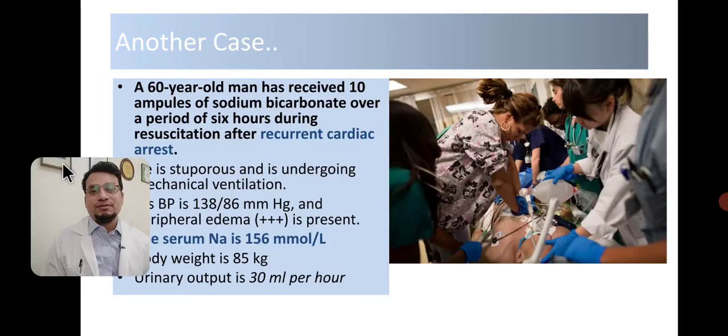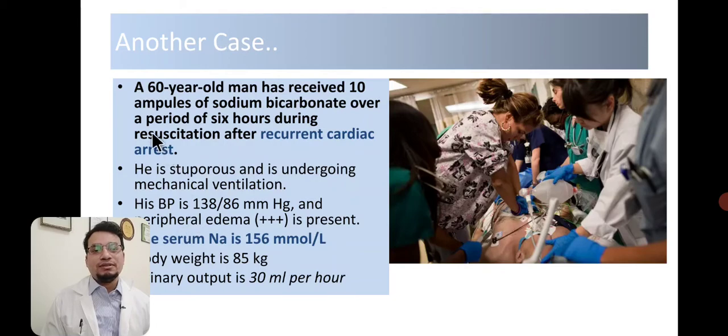Now another case. This is a very good case, a 60-year-old man who had cardiac arrest, and following cardiac arrest CPR was started, and he received 10 ampules of sodium bicarbonate over a period of 6 hours during the resuscitation. Now he is stuporous and undergoing mechanical ventilation, and his blood pressure has picked up to 138/86 millimeters of mercury.